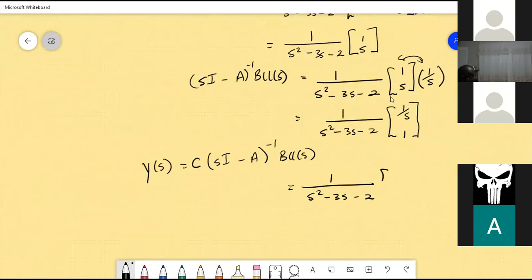So it's 1, 1 times 1 over s, 1. Once again, we multiply: 1 over s times 1 is 1 over s, 1 times 1 is 1.